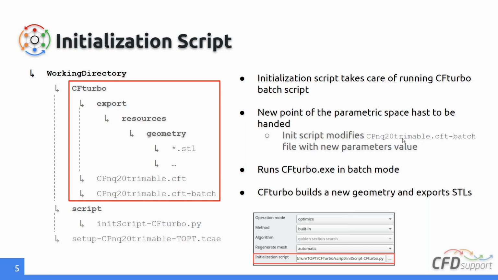Basically, the script fills in the new values of the parameters, and then we run the CFturbo exe in the batch mode like Oliver did at the end of his part. CFturbo builds the new geometry for us, and then tmesh loads this geometry and the simulation run continues.